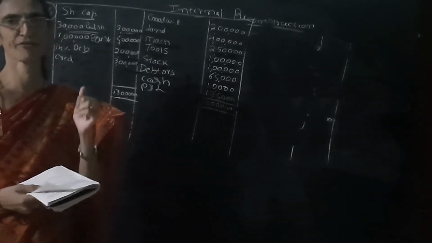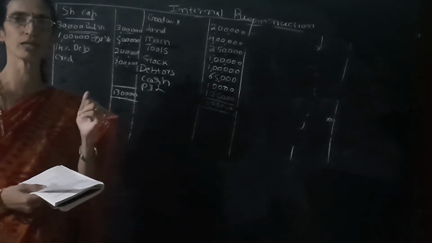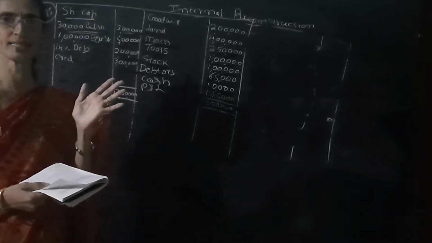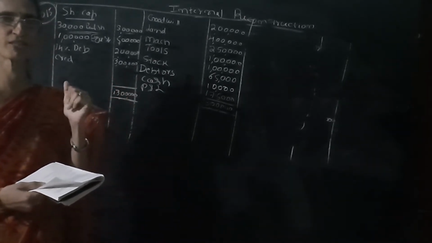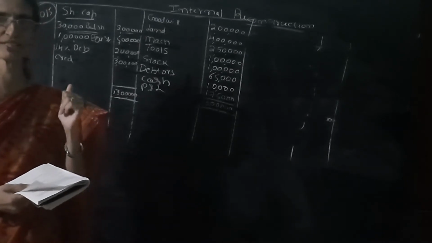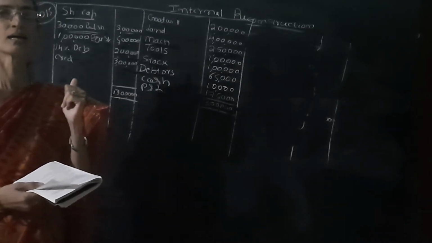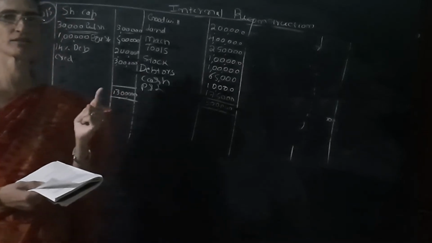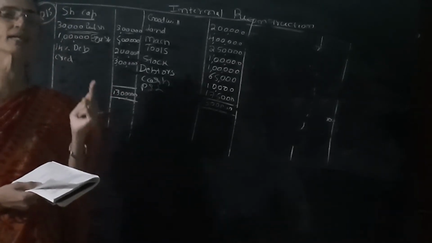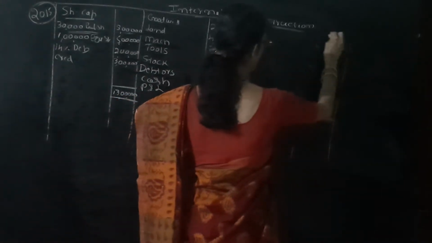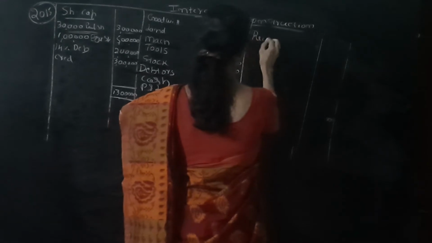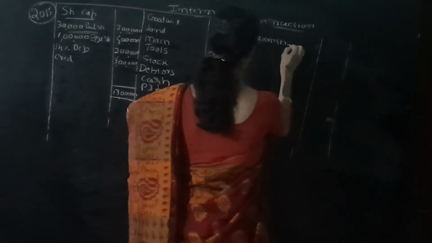So we have to first write off the fictitious assets: goodwill, then profit and loss account given in the balance sheet asset side, then preliminary expenses. First we have to see the amount given in the reconstruction account. See the reconstruction account, you have already written the journal entries.